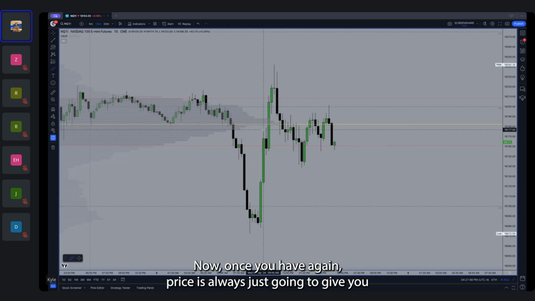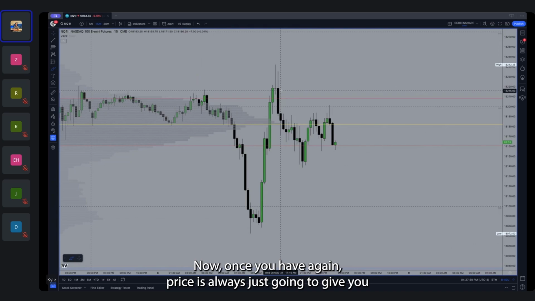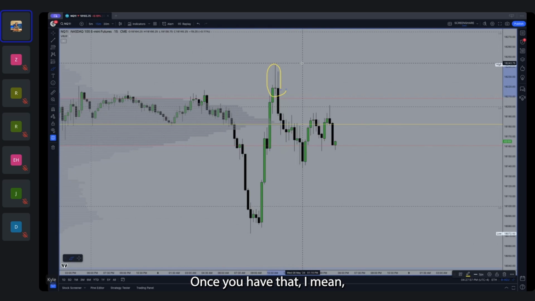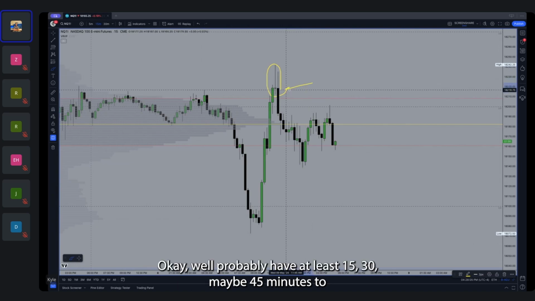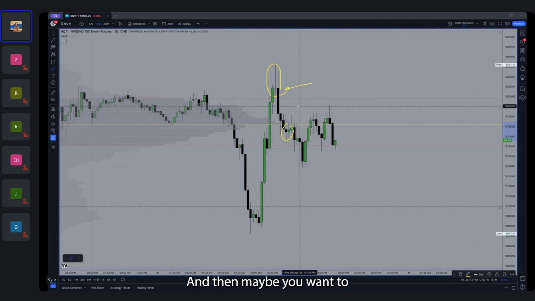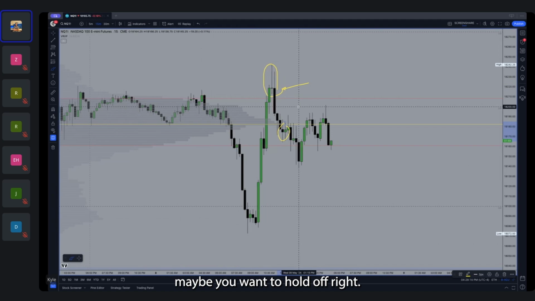Price is always going to give you whatever you need. Once you have that, it's incredibly straightforward. Just wait for that, and then now you're thinking, oh, I want a short. Okay, well, you probably have at least 15, 30, maybe 45 minutes to really look for it and nail some shorts till this starts to develop, and then maybe you want to hold off.